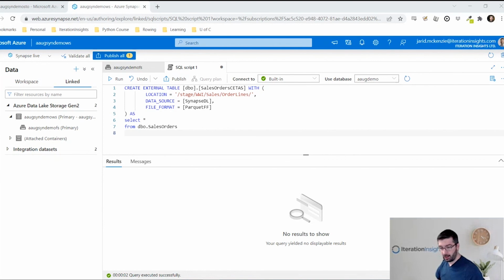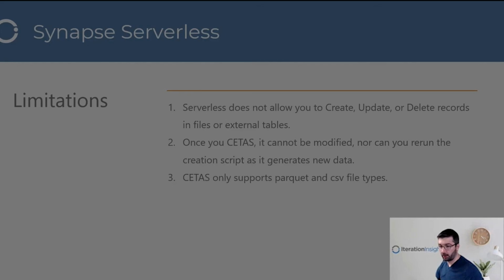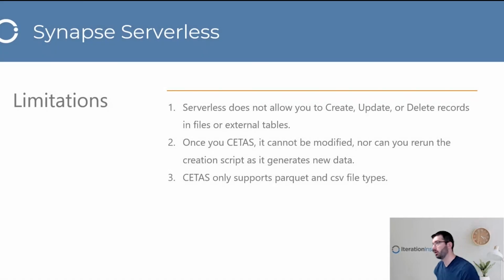Okay, I just want to quickly point out a couple of limitations here. Like I said, it does not allow you to create, update, or delete records in any of the files or external tables. The data is as it is. I shouldn't say it's completely static because you can use CETAS, but it's static in that you can't change it once it's there.